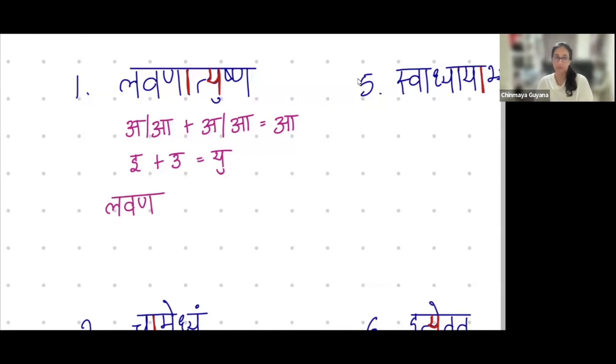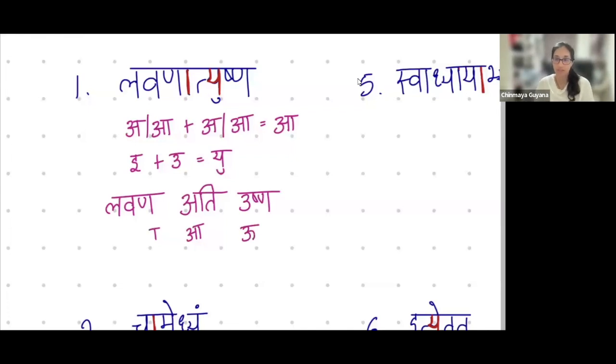This is talking about the types of food that we eat. Lavana and ati ushna. If you wrote a, if you wrote u, no problem.